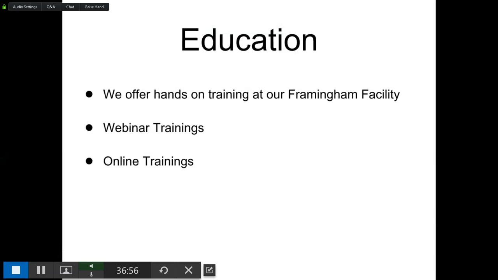We offer webinar training such as this one. So we have different topics that we present using the webinar format. And we also have online training, which can be accessed through the product resource homepage. It's an Adobe Captivate, so you could watch this Captivate, which covers the same information we do cover in the training.